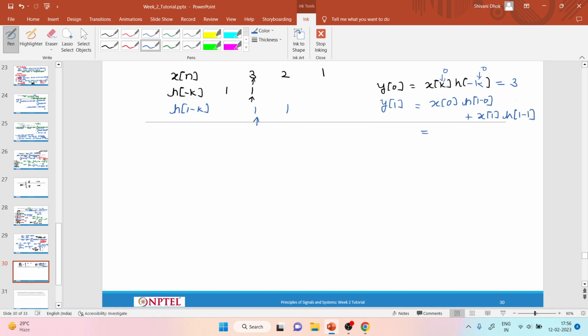So this is equal to 3 plus 2, which is equal to 5.